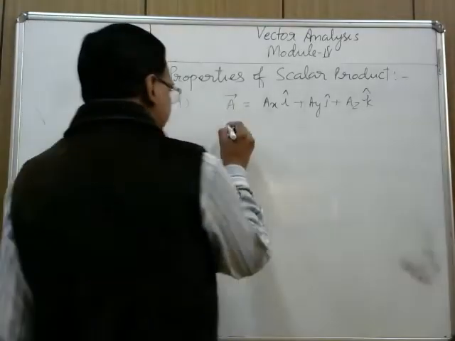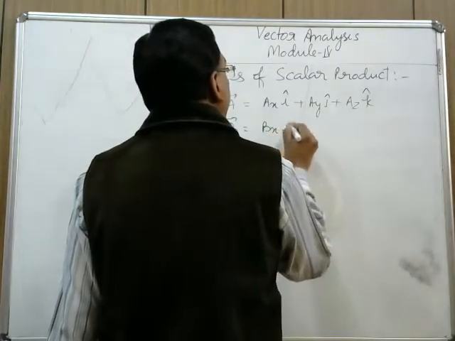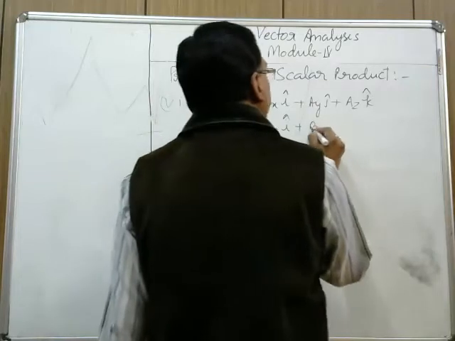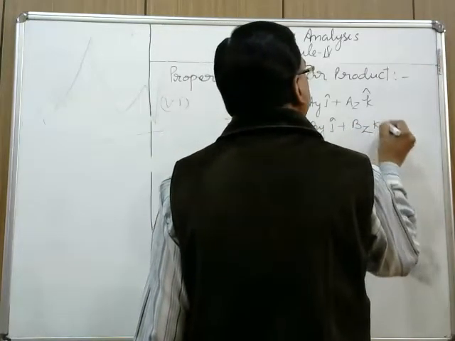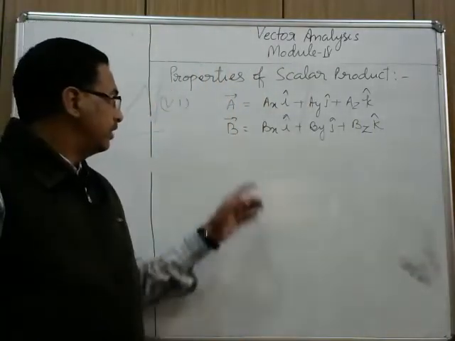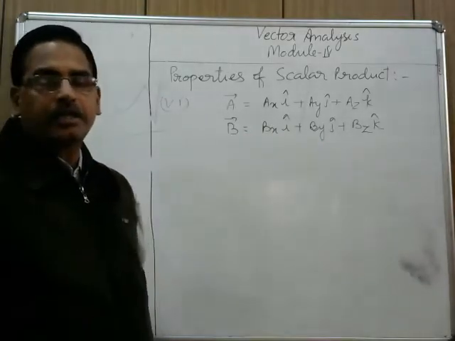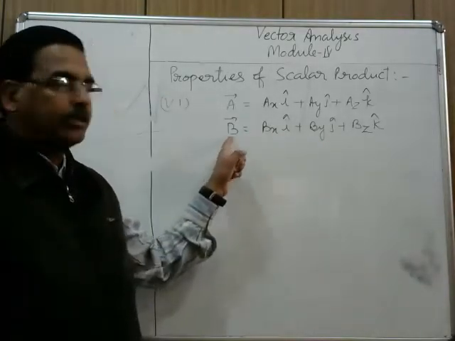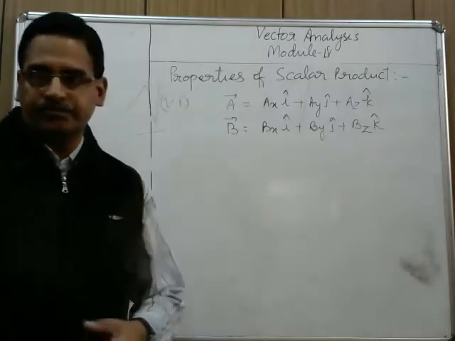In the same way, vector B can be written as bx i cap plus by j cap plus bz k cap. Here bx, by and bz are the components of vector B along the x-axis, y-axis and z-axis.